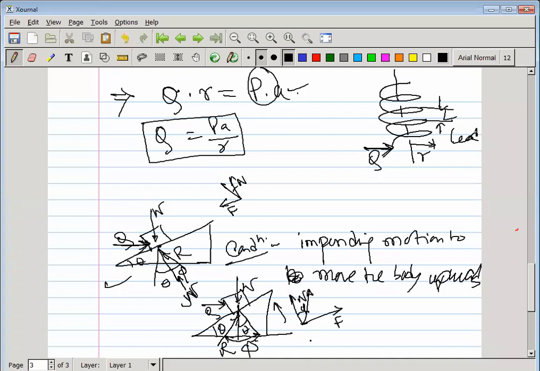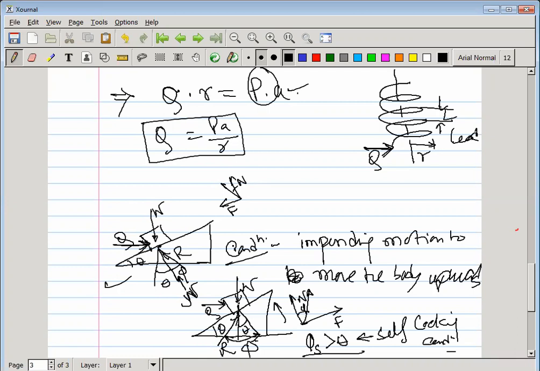Clear? It means for self locking the phi should be greater than theta. So that is the self-locking condition. Clear? Is it clear?